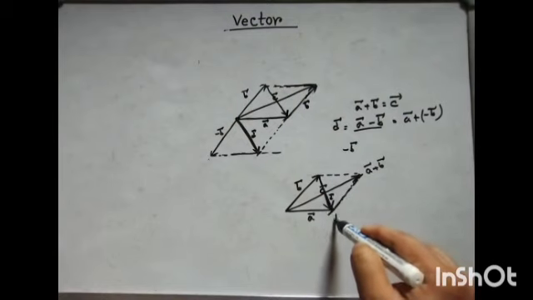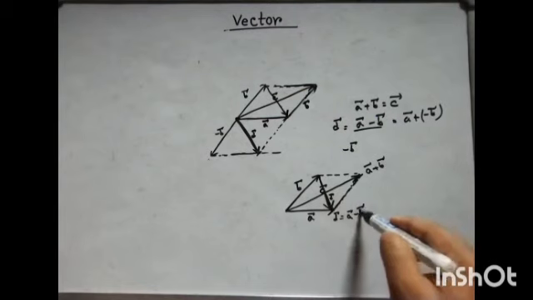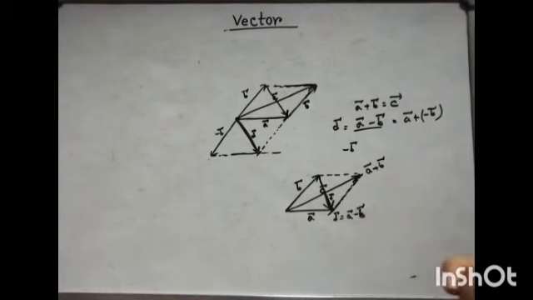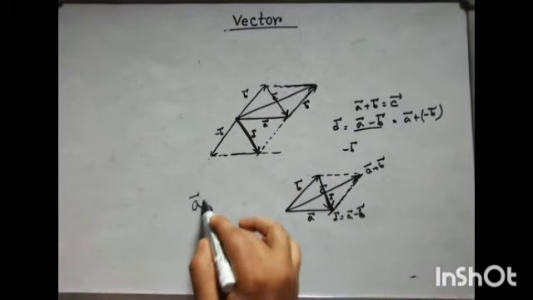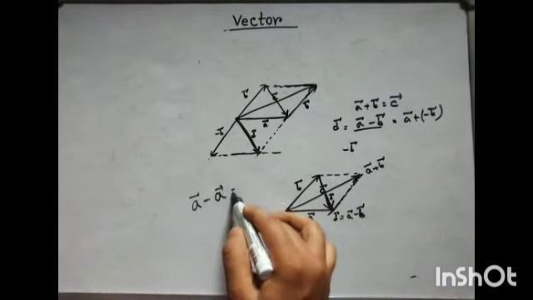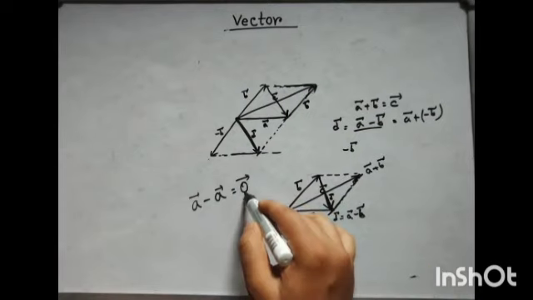So this is the subtraction of these two vectors, a vector minus b vector. Suppose if I subtract the same vector, a vector minus a vector, then you will find the 0 vector. This is also a vector.